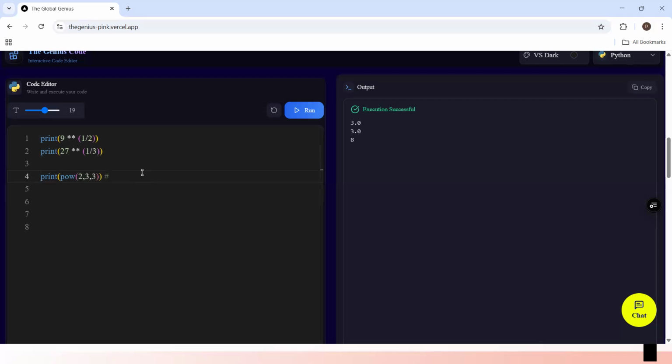This is going to do 2 raised to power 3, then modulus 3. You see, the first 2 is the base, the first 3 is the exponent, and the next 3 is the modulus we are doing with. So if I run this now, we are going to get 2 raised to power 3, which is 8, modulus 3 will give us 2.